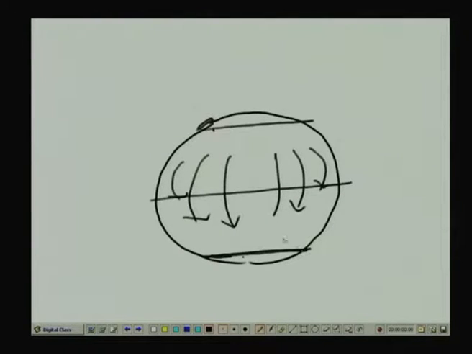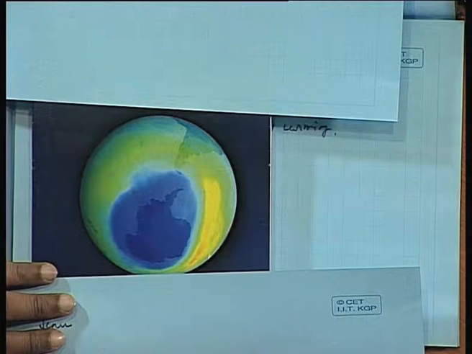All these CFCs have two important properties. One of them is they are extremely volatile. And secondly, they are essentially non-reactive under normal atmospheric conditions that we observe in our natural earth system.